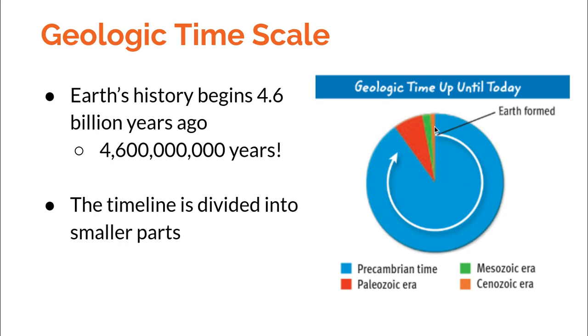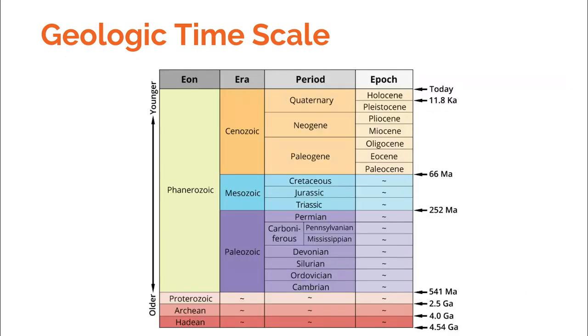And then this tiny orange piece is called the Cenozoic era. That is our current era. Right now, we live in the Cenozoic era. And again, humans only came along at the very end here in the last 5 to 7 million years. So there was a lot happening on Earth before we even came into the picture.